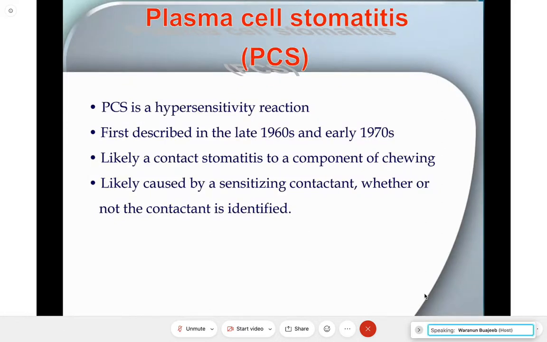Now, talking about plasma cell stomatitis, this is a sensitivity reaction to a local antigen.